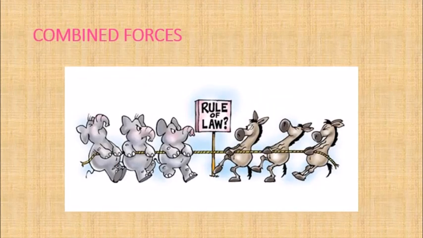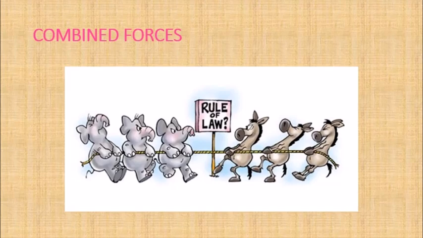Now the next type of force is combined force. What can combined force be? Think. Combined forces are when more than one or two forces act on an object. You must have seen a roller coaster; many types of forces act on it.